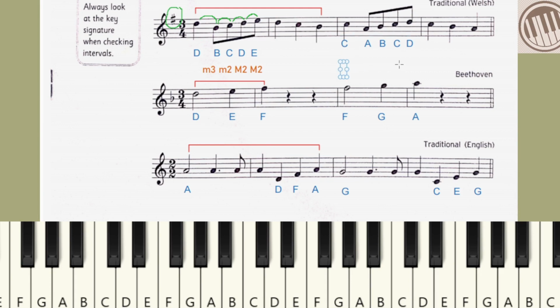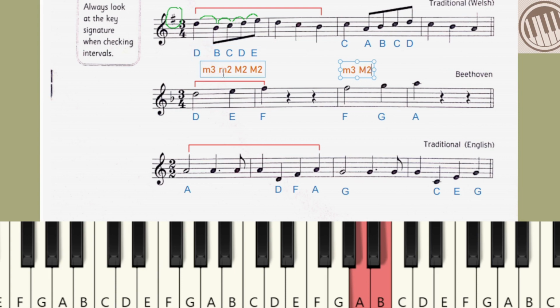So the next pattern starts from C and it goes down to A. So we have again minor third, and then we have from A to B we have a major second.